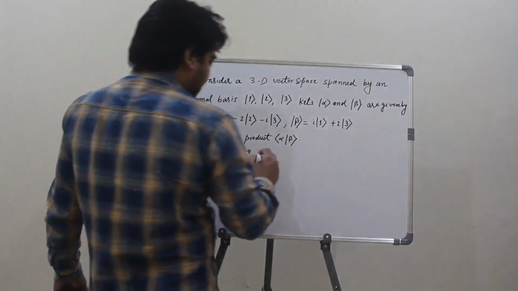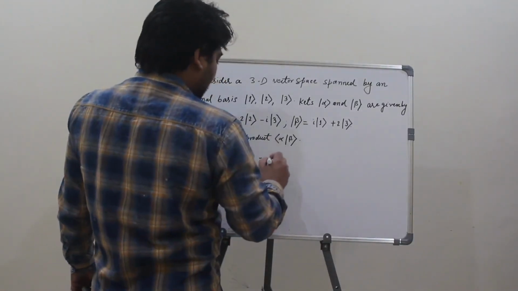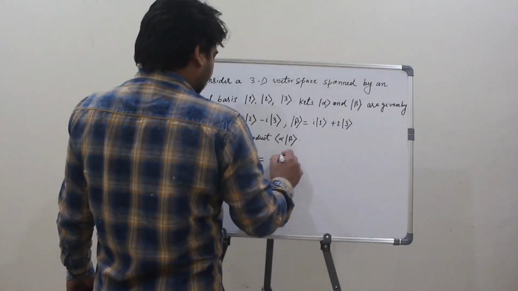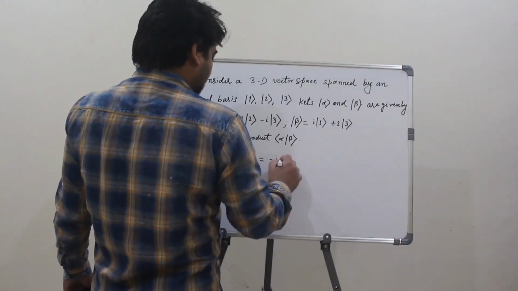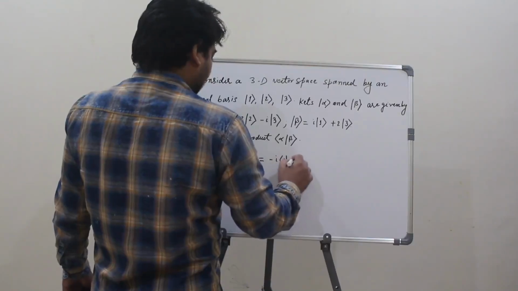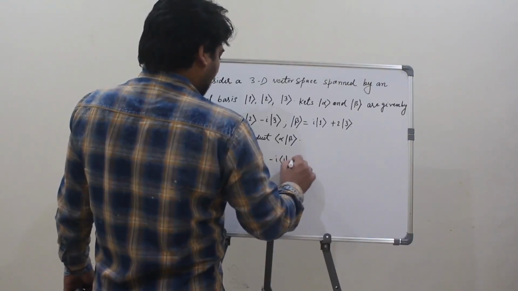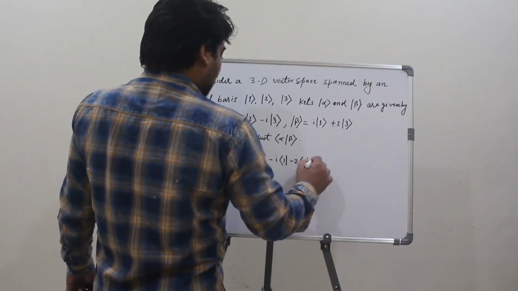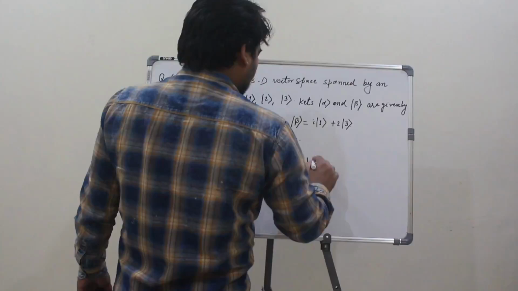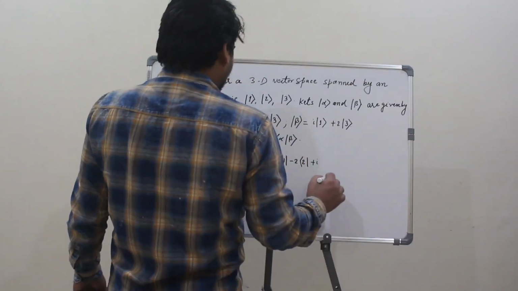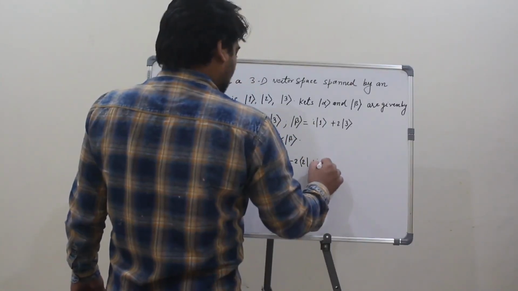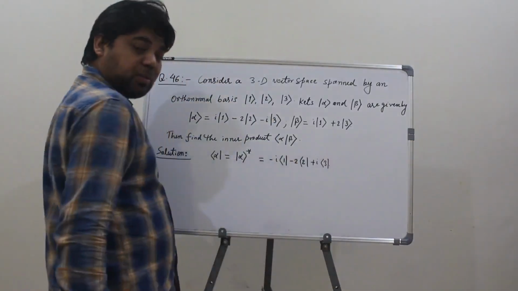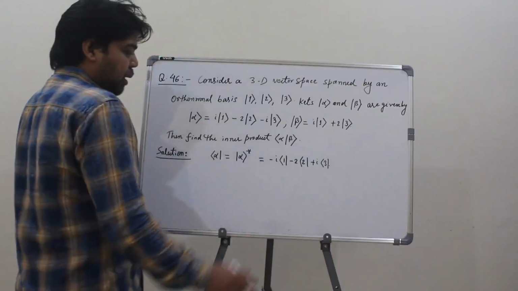So it is equal to minus i <1|, and this will remain as such, as this is not a complex quantity, minus 2 <2|, and then plus i <3|. So this is your bra corresponding to ket alpha, right?